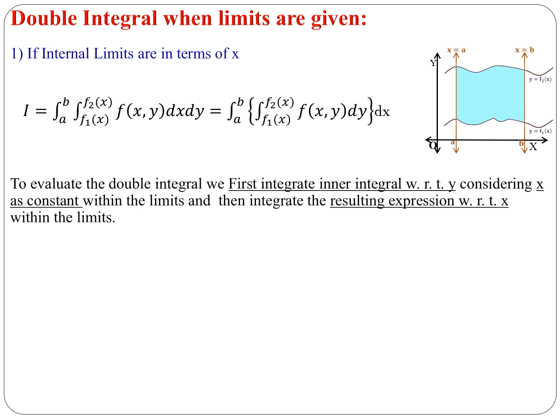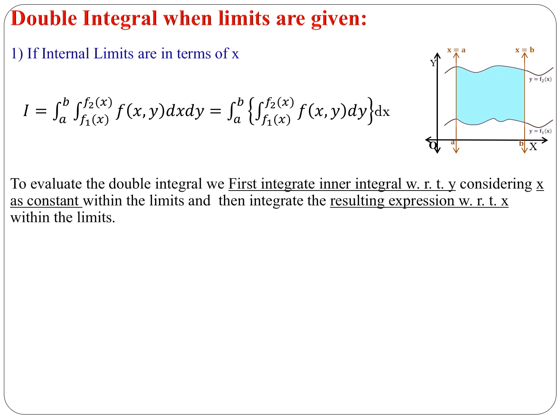To evaluate the double integration, we first integrate with respect to y, considering x as a constant, and put the limits of y as f1(x) and f2(x). Then this whole converts into a function of x, and we integrate this function of x with respect to x and put the limits a to b.